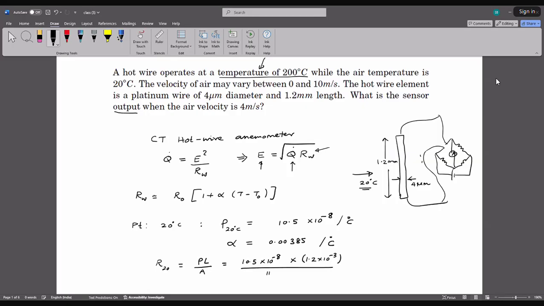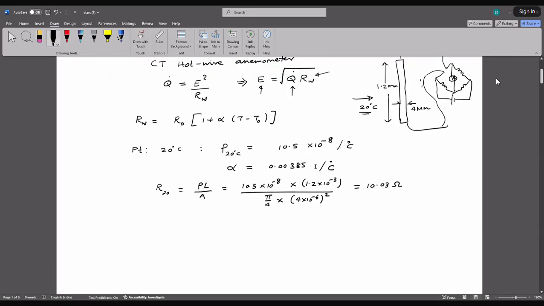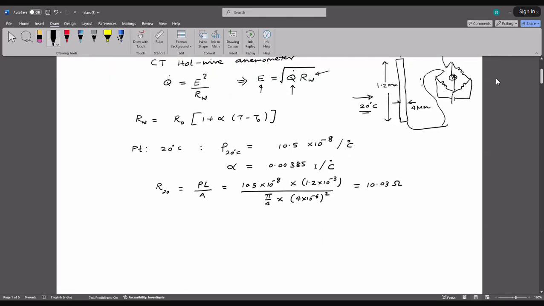Area of cross section is pi by 4 into d square, where d is 4 into 10 to the power minus 6 meter. If we calculate this correctly, this will come out to be 10.03 ohm. So this is the resistance of a platinum wire at 20 degrees centigrade.